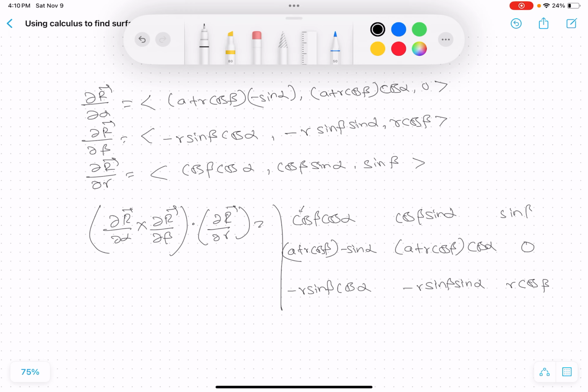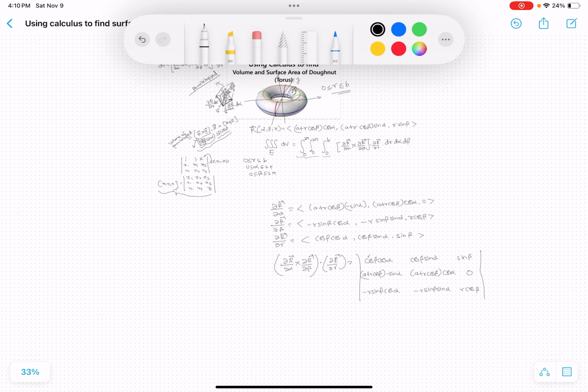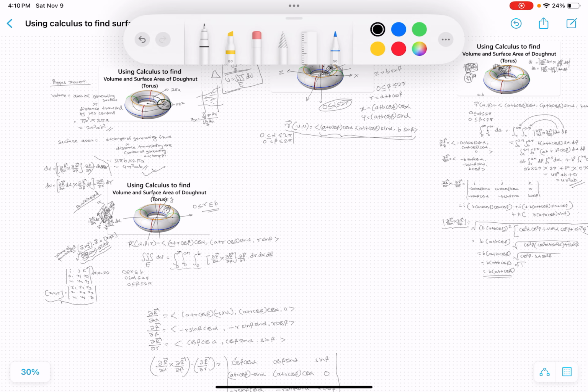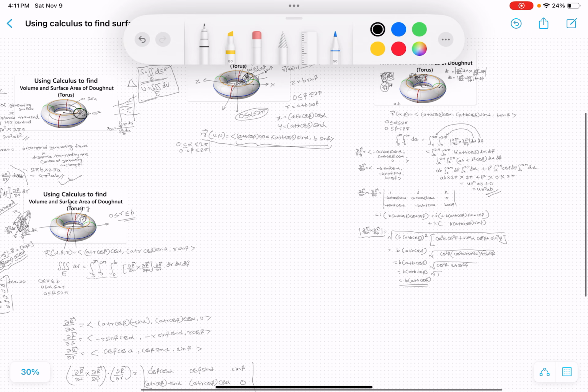Note that I could have just dotted it with the cross product that we had already got over here, and that would have easily worked. Fine, I can just go over here as well.